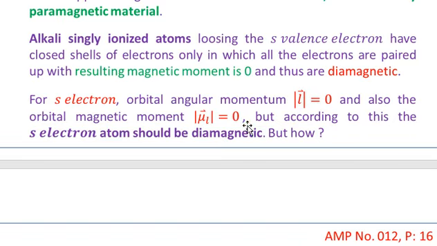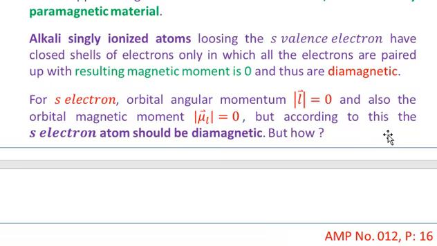You know that mu L is related directly with the L vector, as we have seen in some equations before the start of this lecture. So when the magnitude of L is 0, of course the magnitude of the orbital magnetic moment of the electron is also 0.